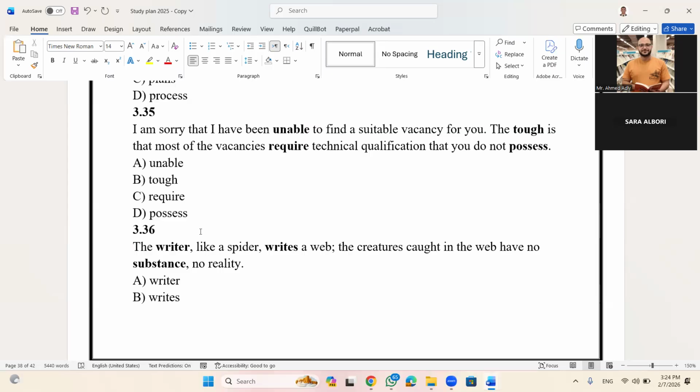He told him, I'm sorry, we can't find you a job because all the vacancies need technical qualification, but you don't have technical qualification. So which one does not fit the context here? It's tough. I think you can replace it with the trouble or the problem, or we used to say the thing is. Okay.